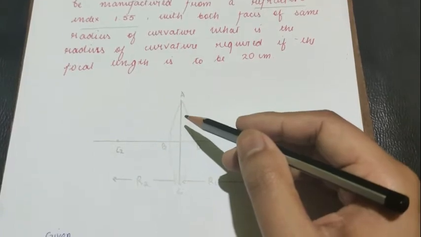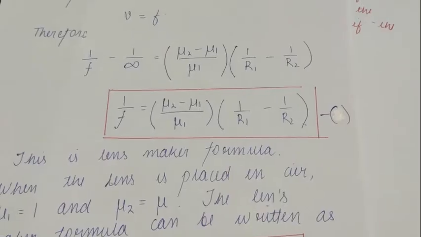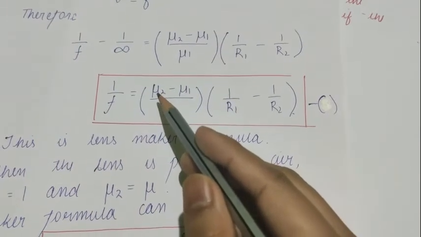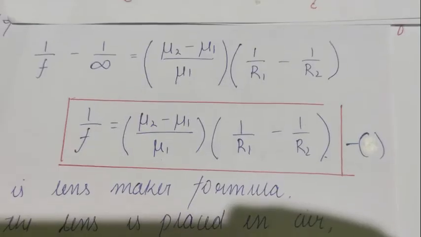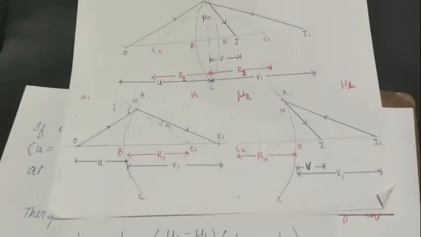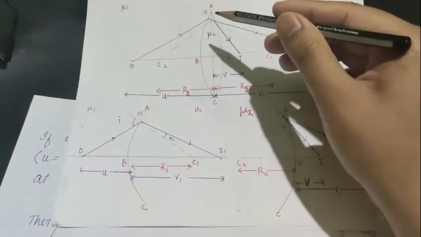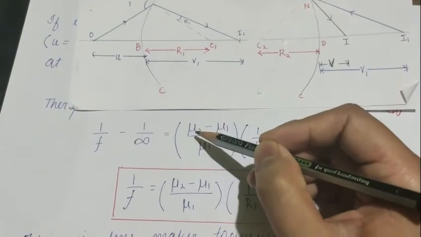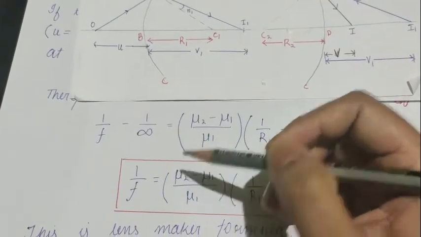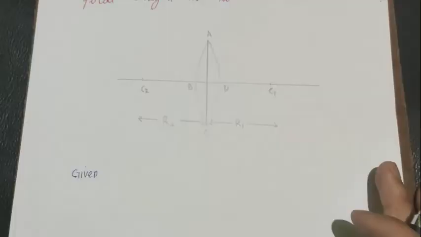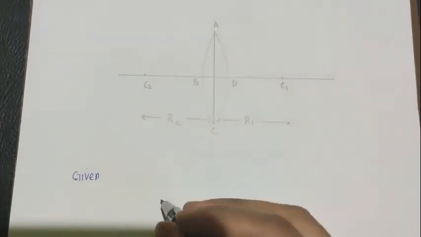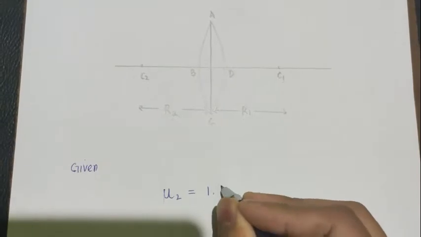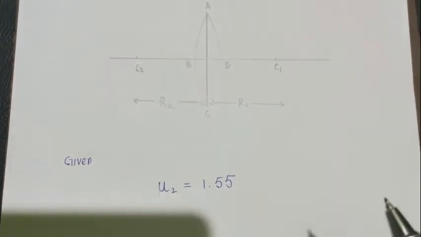And we know from your formula that the refractive index of the glass surface is mu2. So I can write mu2 equals 1.55.